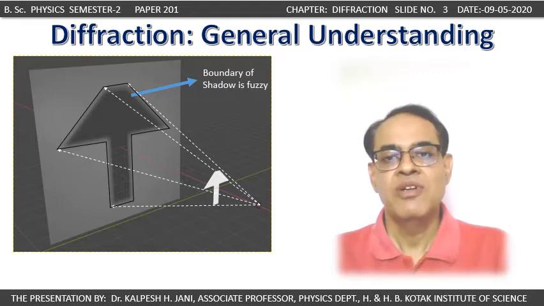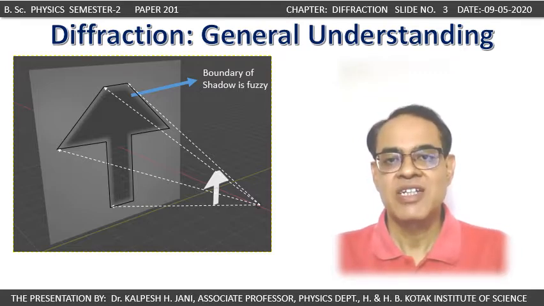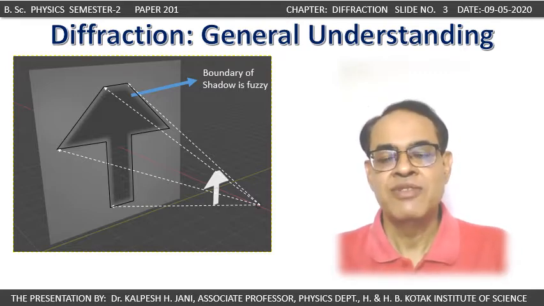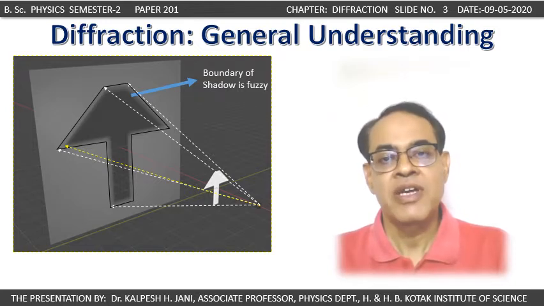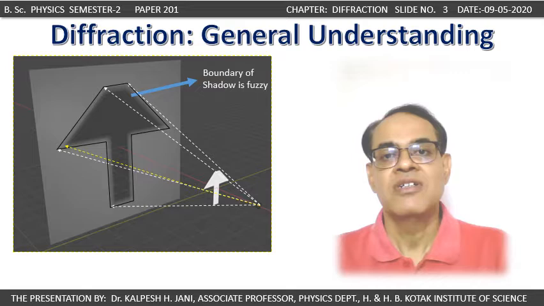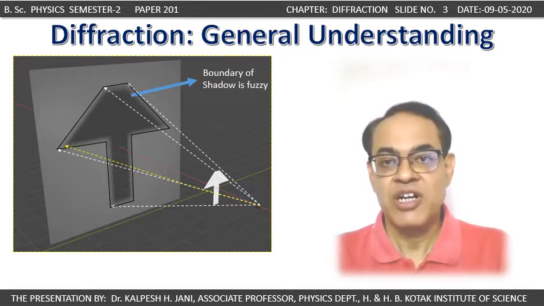So what we infer from this is that the light rays which pass just near the edge of the obstacle do not fall on the screen at the point that we expect, but they fall inside this geometrical shadow.